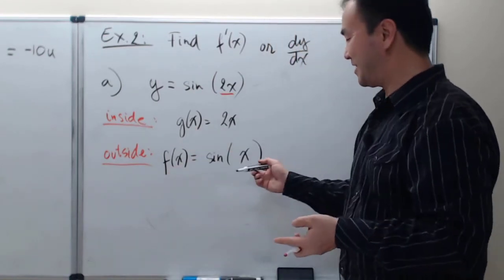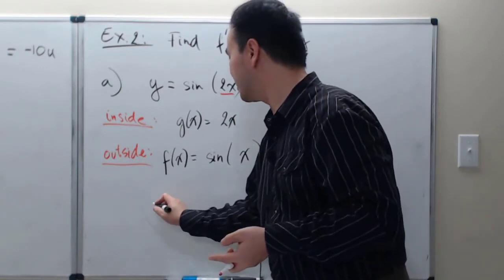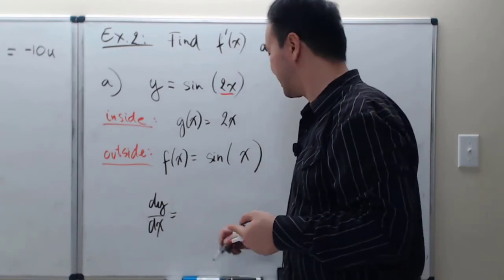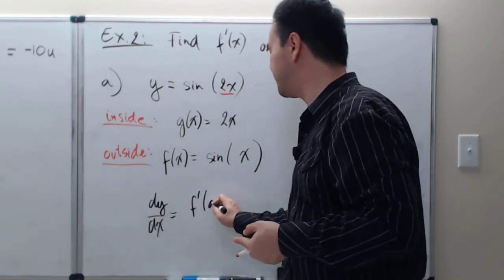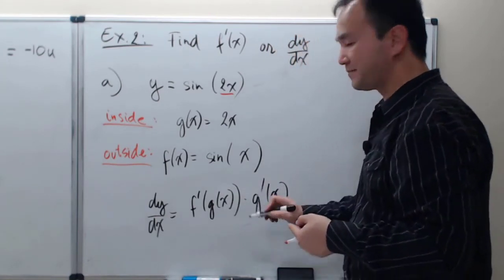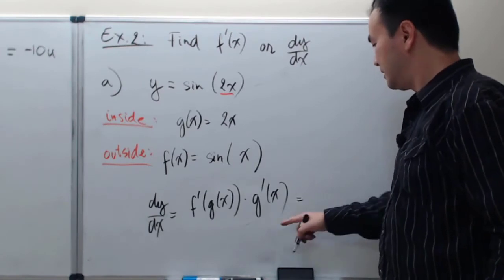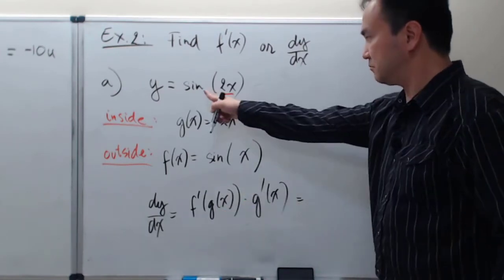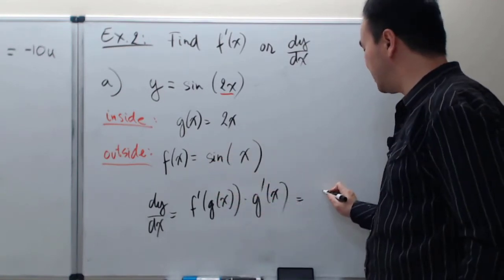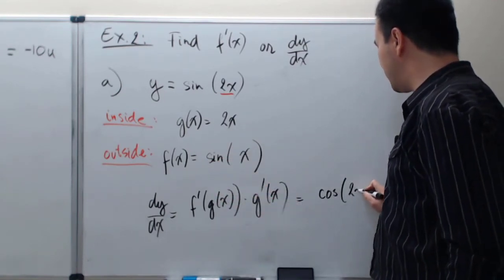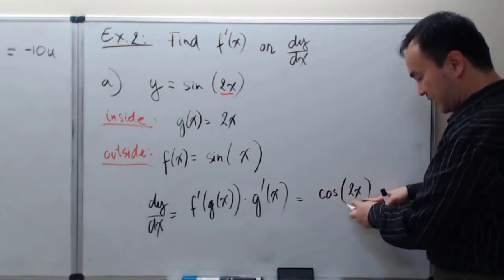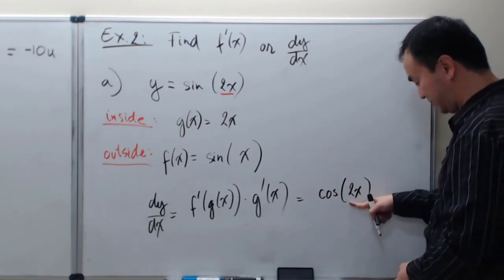And so our derivative dy/dx, according to the chain rule, says we need f prime of g of x multiplied by g prime of x. The outer function is sine, so when you take the derivative, it's going to be cosine, but leaving 2x inside, because this is f prime evaluated at g of x.